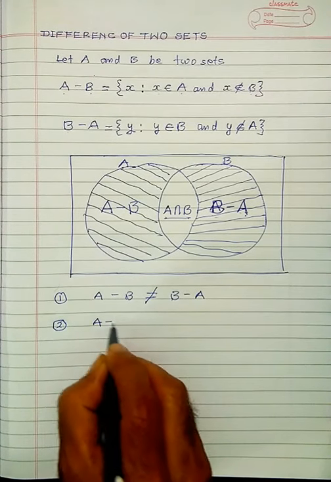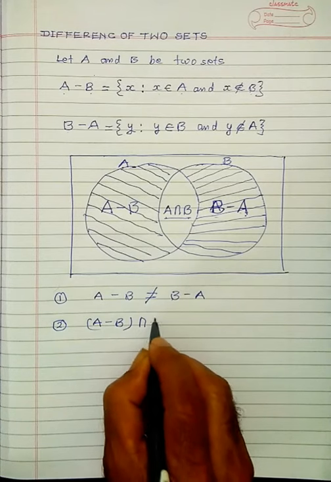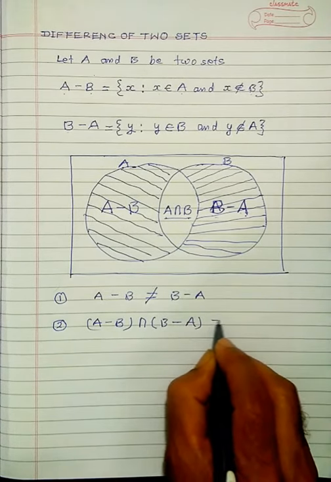Since they are disjoint sets, the intersection of A minus B and B minus A will be a null set.